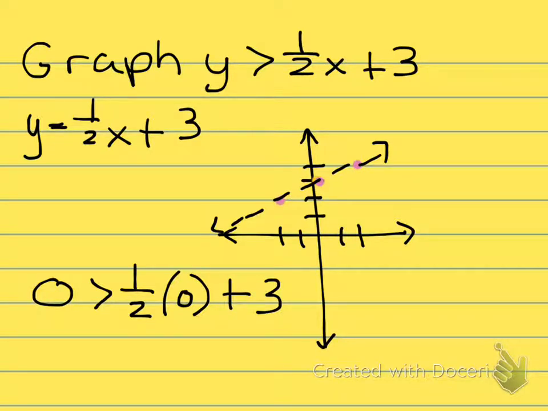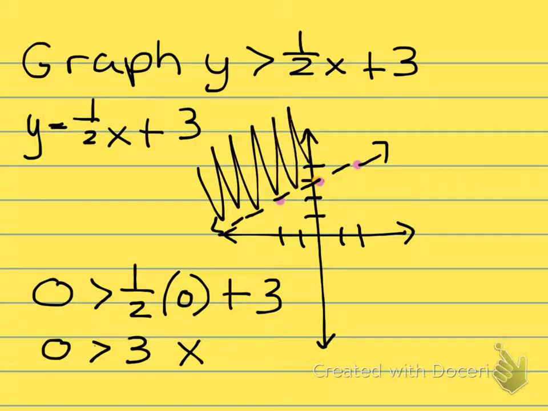So 0 is greater than 1/2 times 0, which is 0, plus 3, so 0 greater than 3, that is not true. So that means I'm not going to shade my graph towards the 0, 0, I'm going to shade away from the 0, 0. So in this case, it's all this upper section that I'm going to shade. And that would be my graph. That's my final graph.